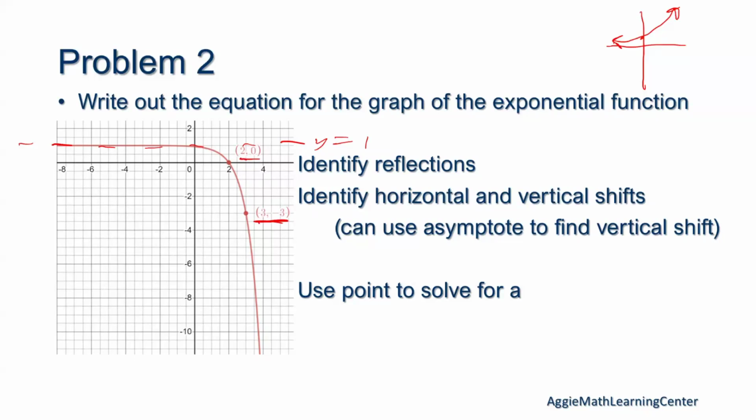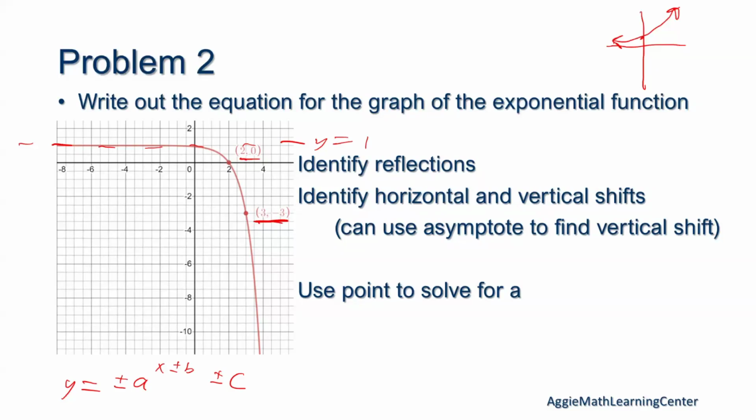So if we start with the asymptote, the part at y equals 1, you see that never crosses there. So imagine that the original equation would be like y equals plus or minus a to the x plus or minus b plus or minus c. And on the CBE 4, it'll give you that equation right there to help you out.